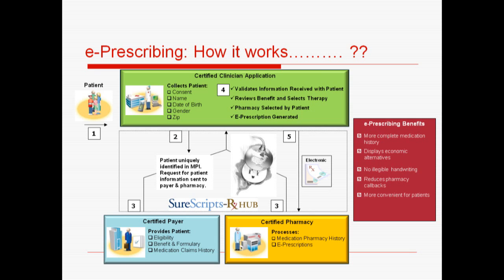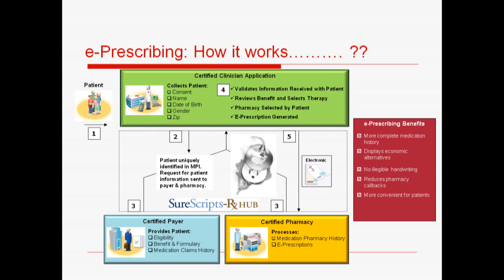Now what are the benefits associated with electronic prescription? It will lead to a more complete medication history, because every time the patient history will be displayed to the pharmacist as well as the prescriber or the doctor. It will display the economic alternative also. There is no illegible handwriting, which was a problem earlier with the normal prescription.